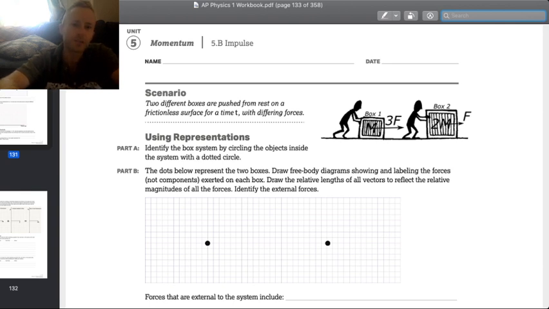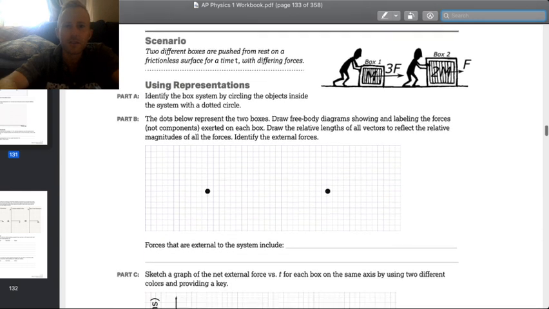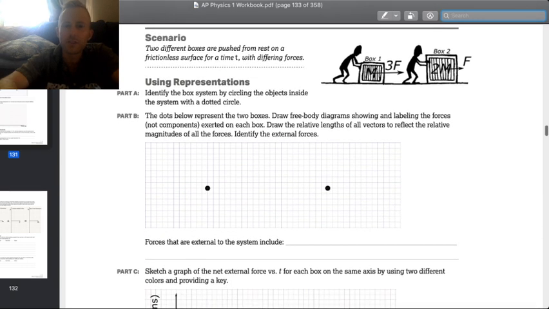Identify the box system by circling the object. I'm not going to do that. The dots below represent the 2 boxes. Draw a free body diagram showing and labeling the forces exerted on each box. Draw the relative lengths of all vectors to reflect the relative magnitudes of the forces.